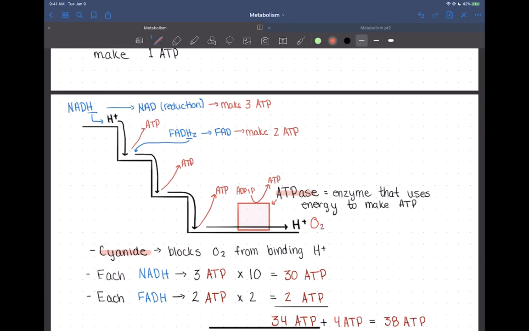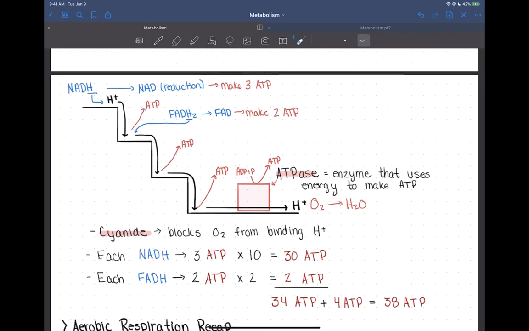The entire reason we breathe oxygen is for this process, so that O2 can swoop in and bind to that hydrogen at the end of this step and make water. The oxygen is carried by our red blood cells in order to catch this hydrogen at the end of this step and make water from it.